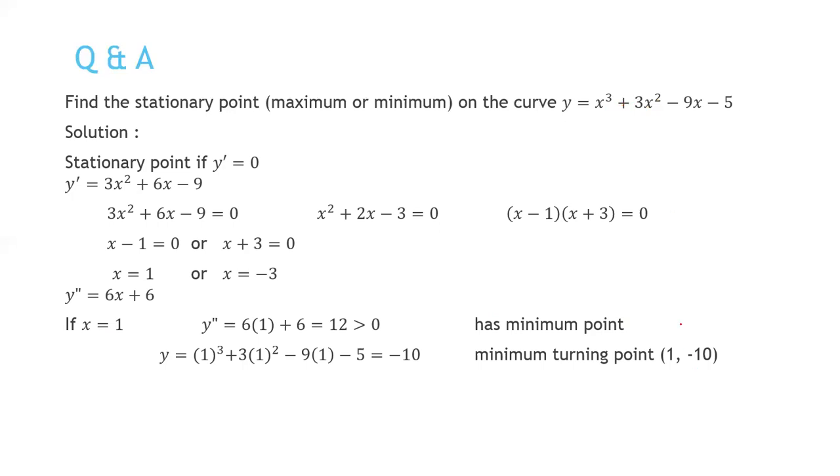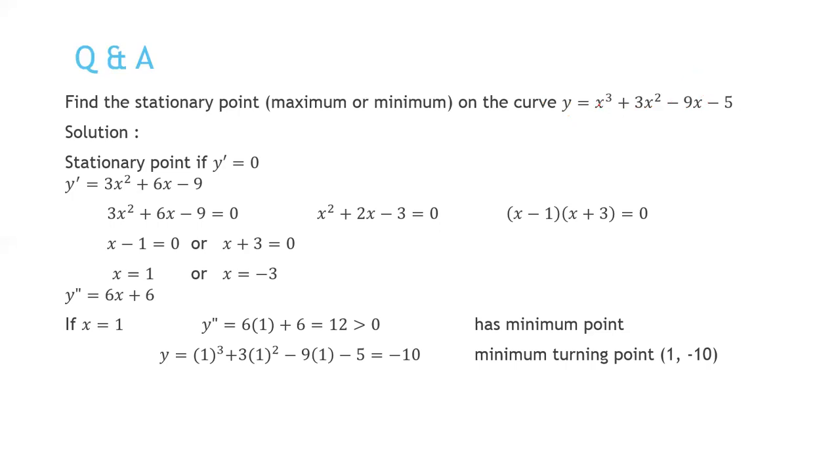What is the minimum point? We can find the minimum turning point, or the minimum coordinate point, when we substitute x equals 1 into the function y equals x cubed plus 3x squared minus 9x minus 5.